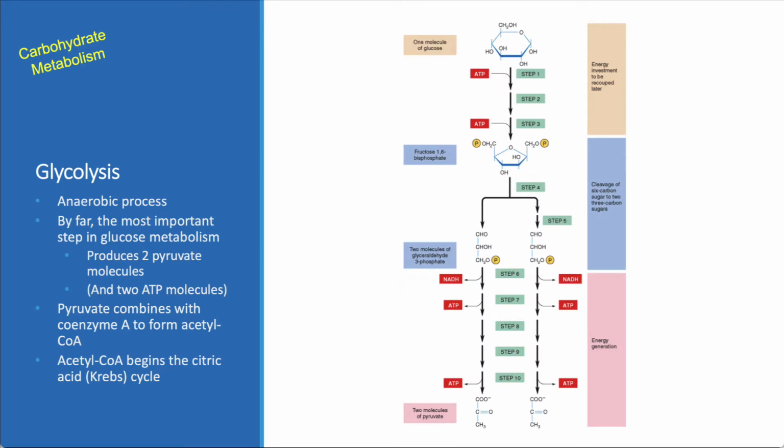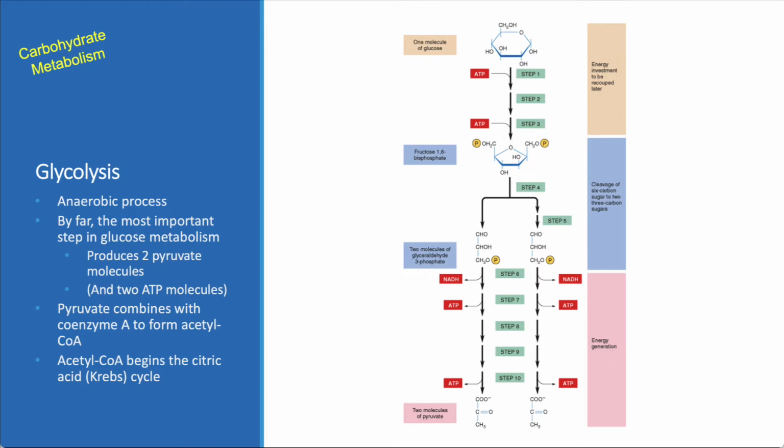Carbohydrate metabolism is the biggest component that we rely on for energy for our cells. Glycolysis is by far the most important step in glucose metabolism because it starts the whole process of producing pyruvate. And it's the pyruvate then that enters the citric acid cycle, though not immediately.